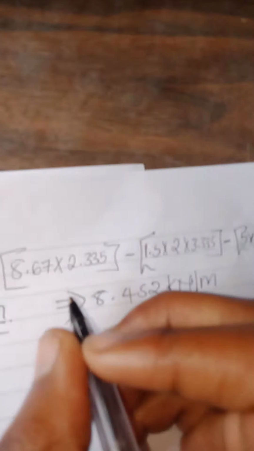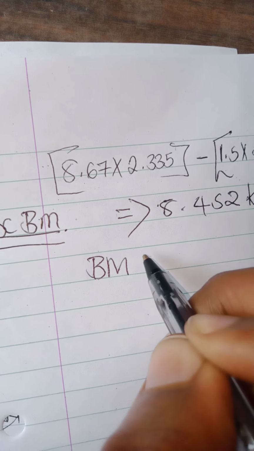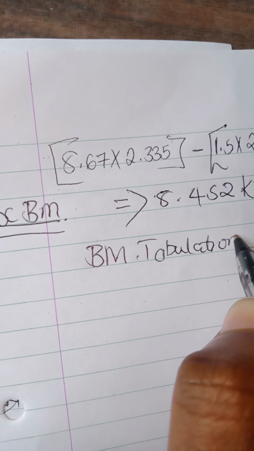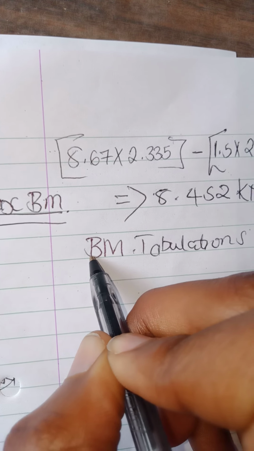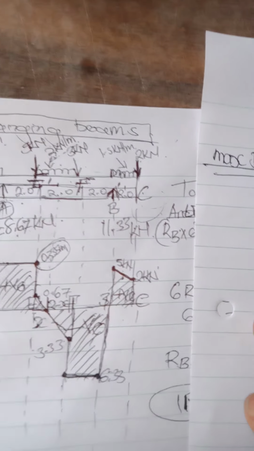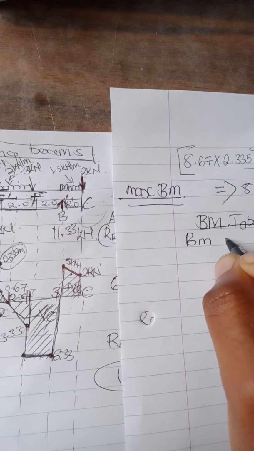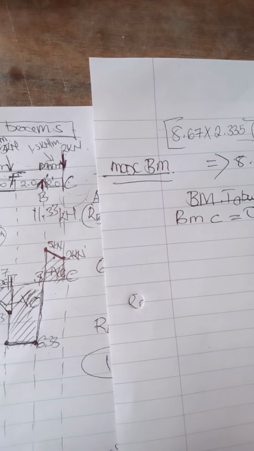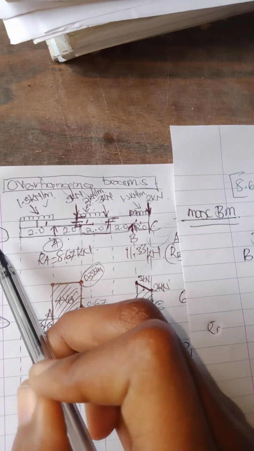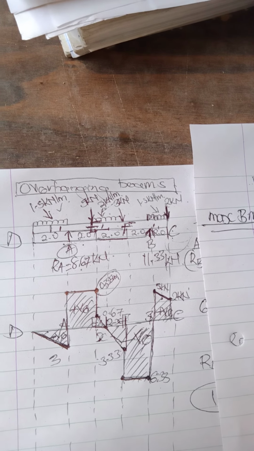Now it's time to find the BM tabulation, bending moment tabulation. At point C, the BM at C is equals to 0 because the distance is 0.